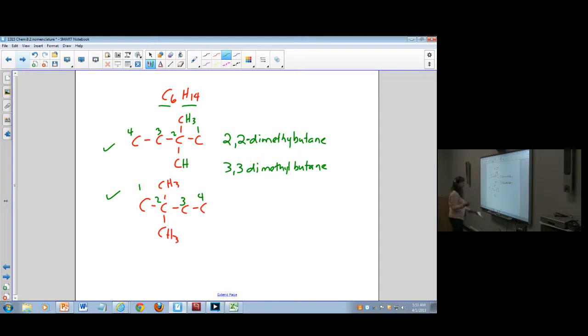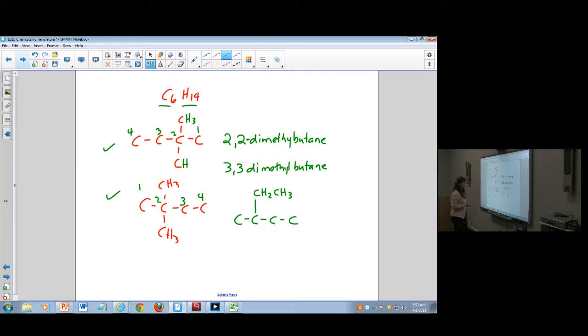Can I make an ethyl group? So instead of having 2 methyl groups, how about if I put a group on here that's an ethyl group? For example, maybe I can make 1, 2, 3, 4. There's my butane chain. And then I'll have an ethyl group that has 2 carbons on it.